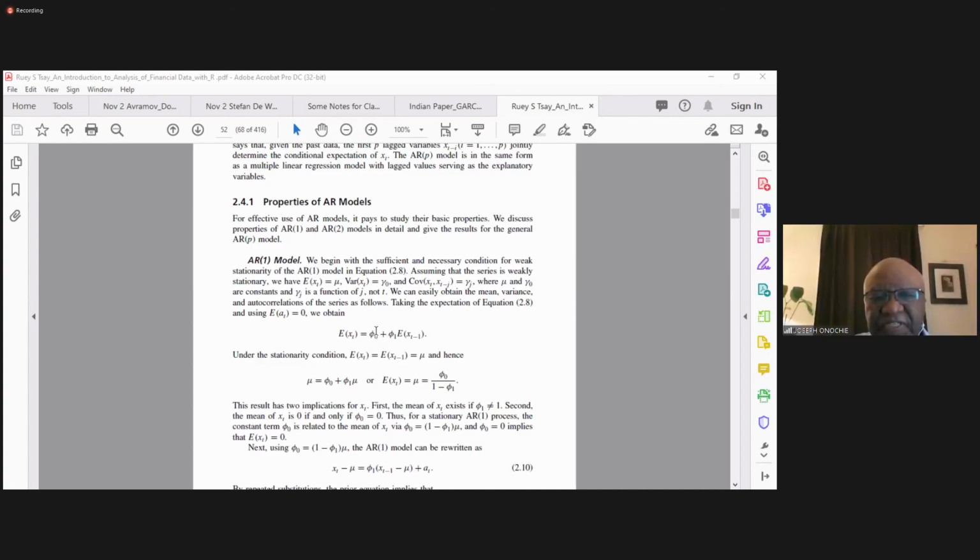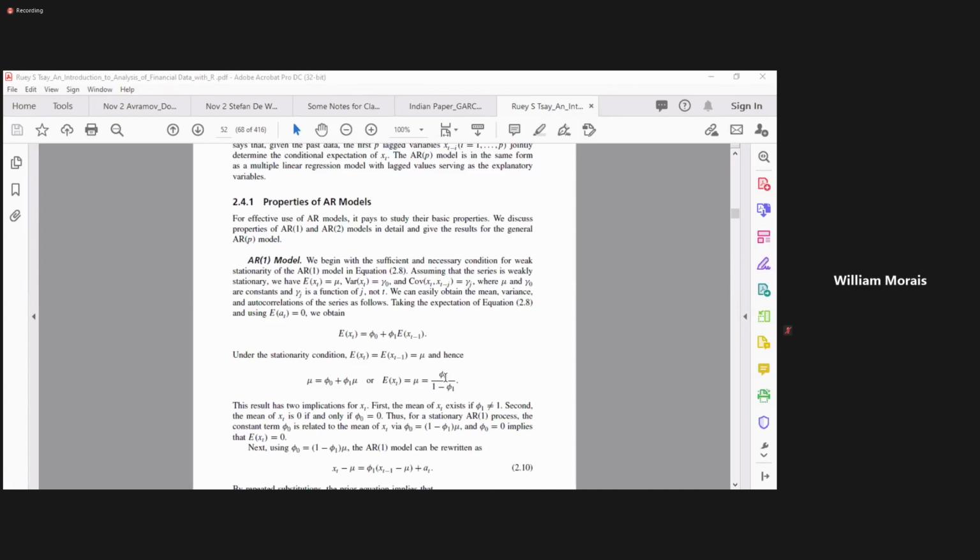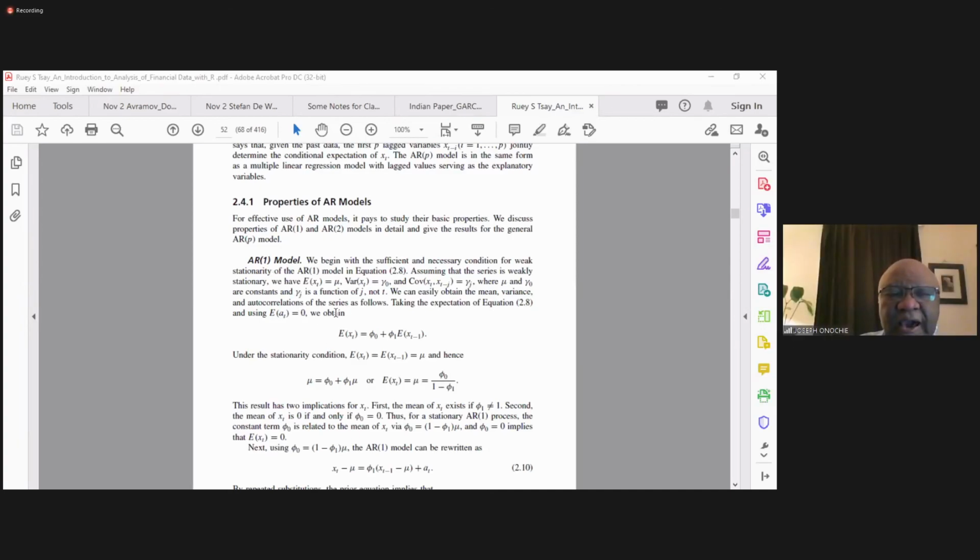If this first term, the mean of the AR1 process, if this constant is 0, then this thing is 0. 0 divided by anything is 0. You see that? Okay. So when we have an AR1 process with this constant value, the mean of that process is given by the constant value divided by 1 minus the coefficient of this term.